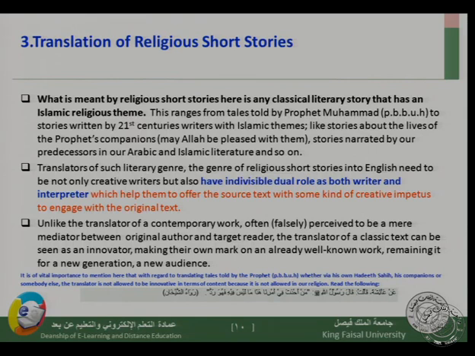Now, when you are doing any translation of such genre, the genre of religious short stories into English, you need to be very, very creative. You need to be imaginative, but also you need to have this indivisible dual role as both writer and interpreter.